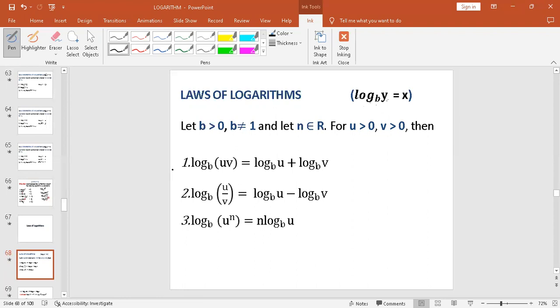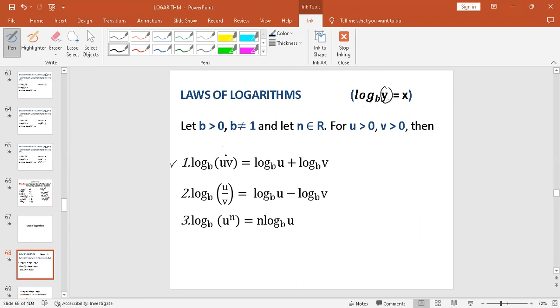So, number 1, class, we have here, by the way, these variables, sorry. So, let's continue. In number 1, we have here log of uv to the base b. So, kung mapapansin nyo, class, itong position ni u and v, siya yung position ni y, di ba?